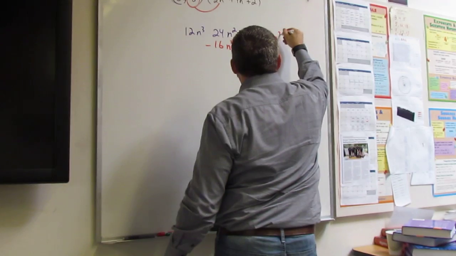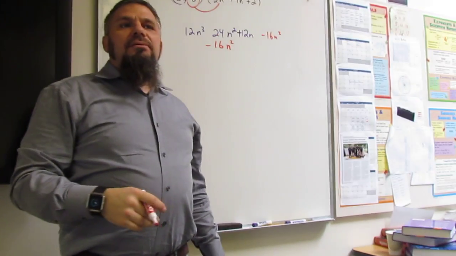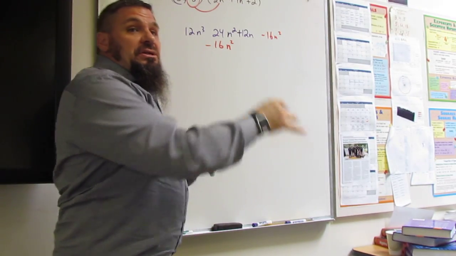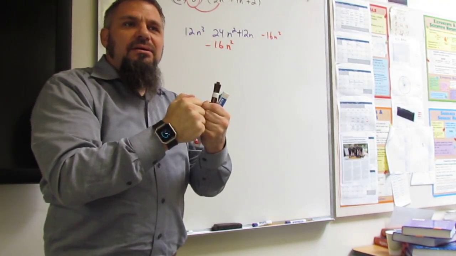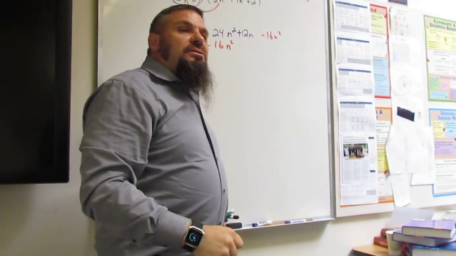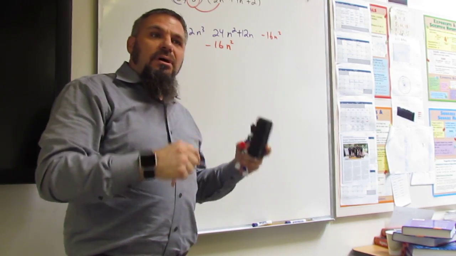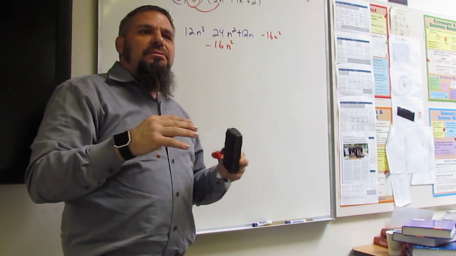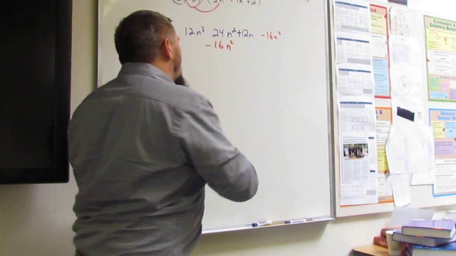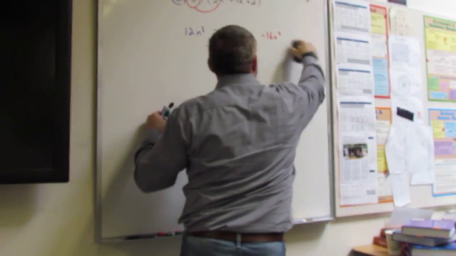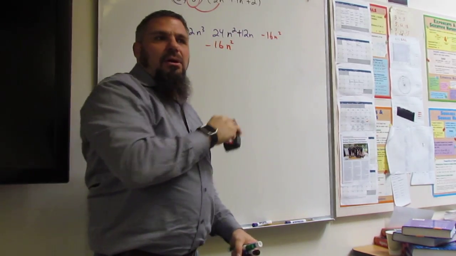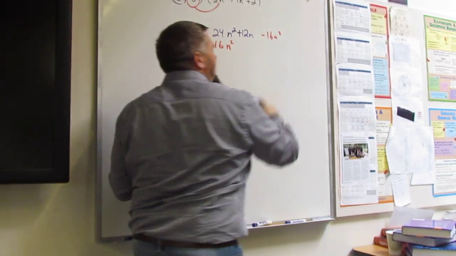The reason I'm lining it up like that is because usually we just put it out here, minus 16n squared, right? And then what I used to do is teach underlining, collecting like terms, right? But for a lot of students, it was very confusing how to collect the like terms. So I started using this. You can use either or. You can either bring it out this way, or you can just line them up underneath.